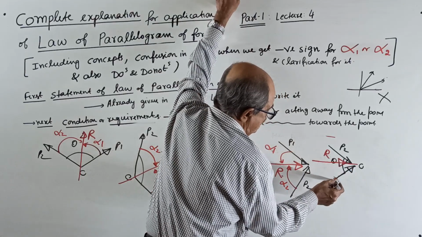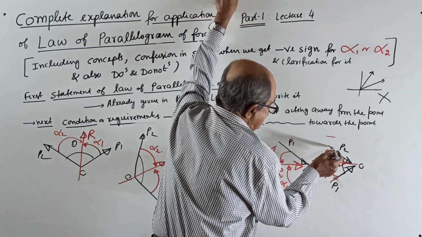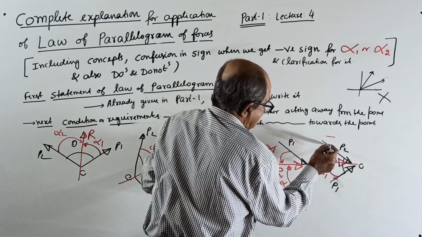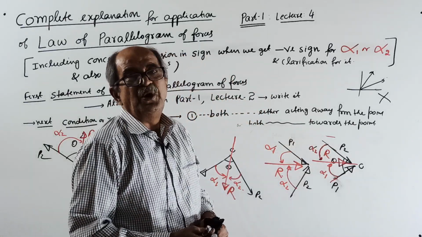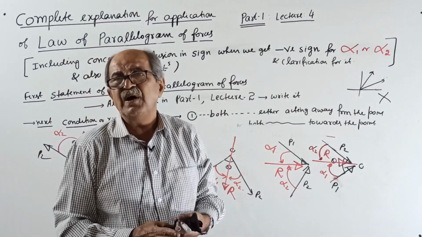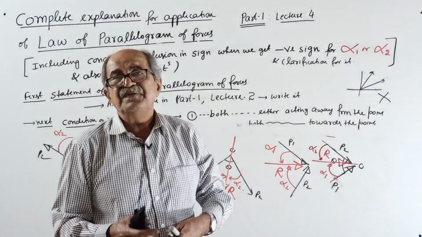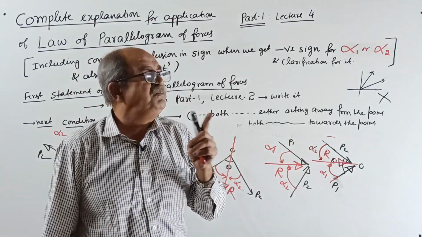Resultant R. See now, for P1 it will be this way, clockwise. For P2, it is alpha 2. That way you have to mark. So when you mark angle alpha 1, alpha 2, never bother about clockwise or anti-clockwise. See, the definition: angle made by the resultant with P1 or P2.